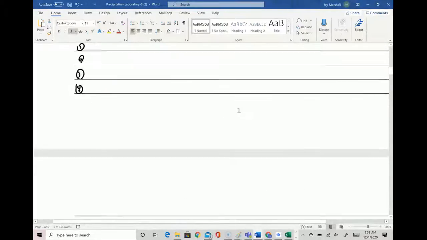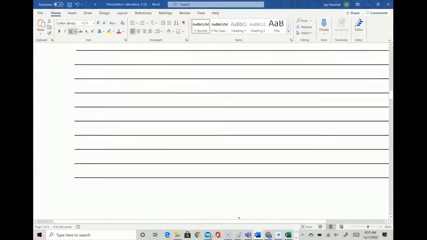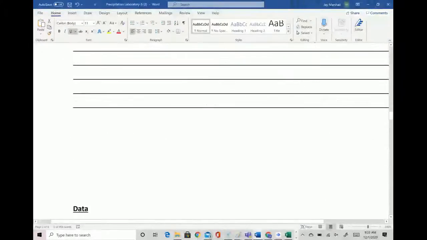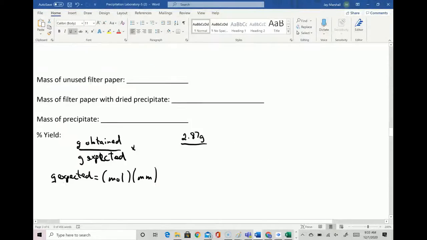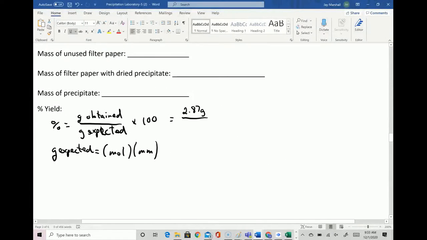So now I can go back down here, and in my data table, let me rewrite this. Grams expected equals moles expected times molar mass. Now I know what my moles expected was.